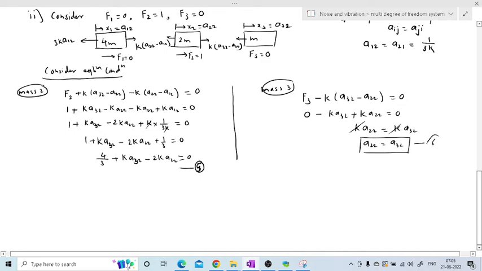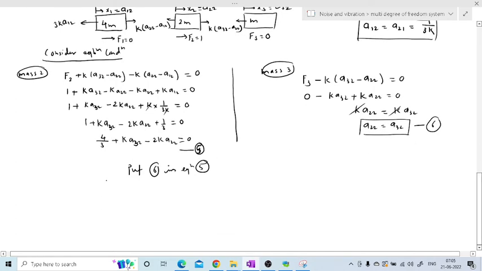Mention this as 6. Now put the value of 6 in 5. Before doing, I will mark this. Okay. Now put 6 in equation 5. So equation 5 will become, see, 4 by 3 plus K A32. A32 is nothing but A22. So A22 minus 2K A22 will be equal to 0.